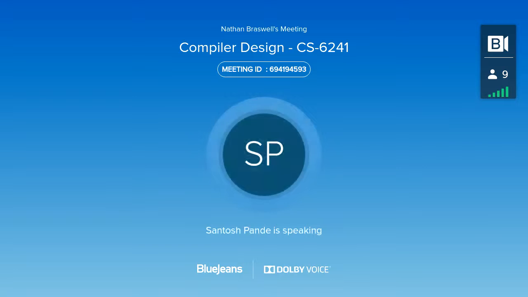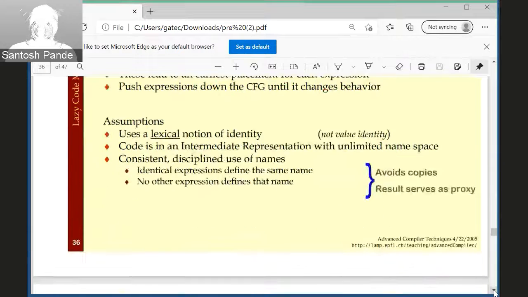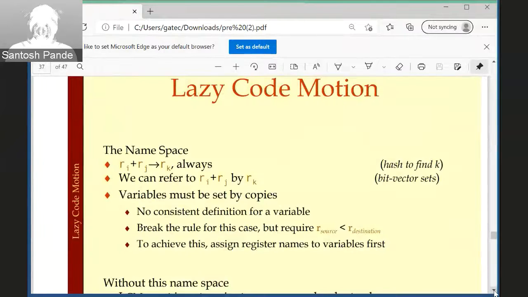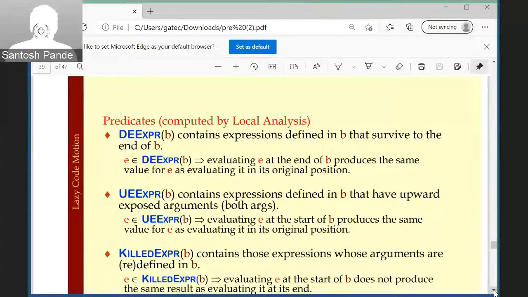So it looks like this framework is not very difficult to understand given what I said. So let's go through the formal ways then. Here are the analyses which are at the heart of PRE.